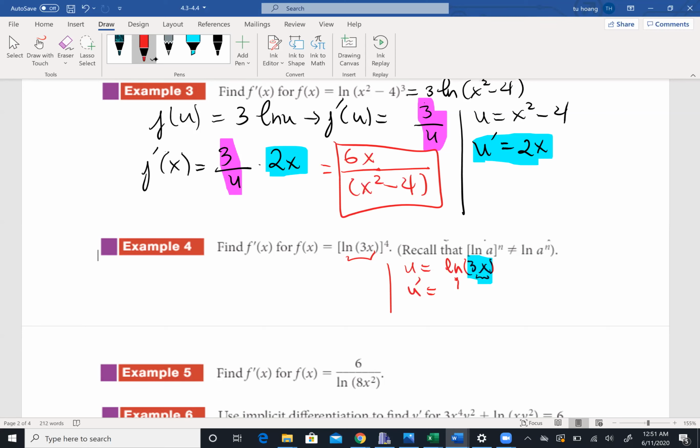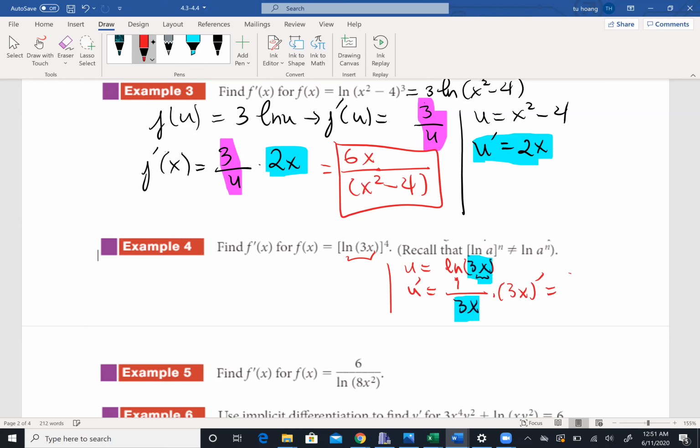So you can just take 1 over 3x, because this is the argument, okay, 3x goes down here, and you will multiply with the inside derivative. So the inside of this ln is 3x, derivative.